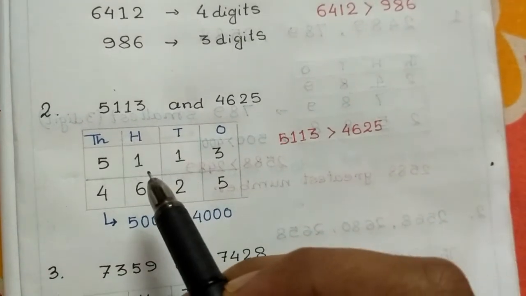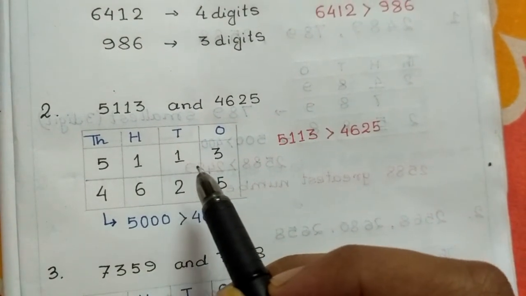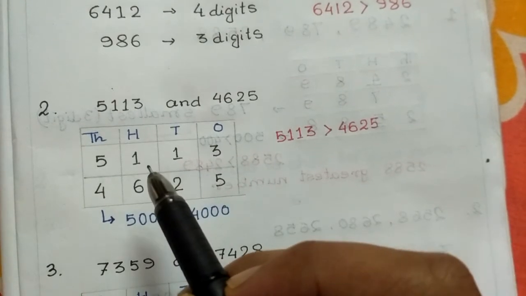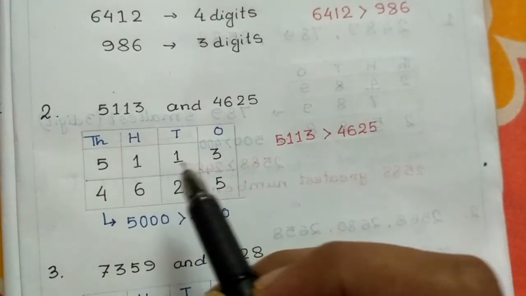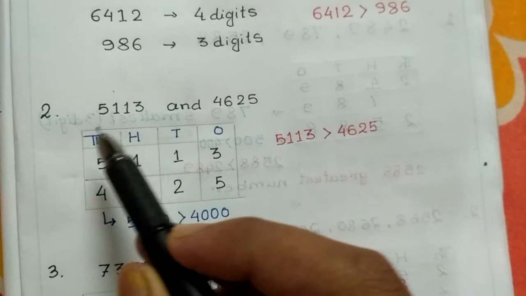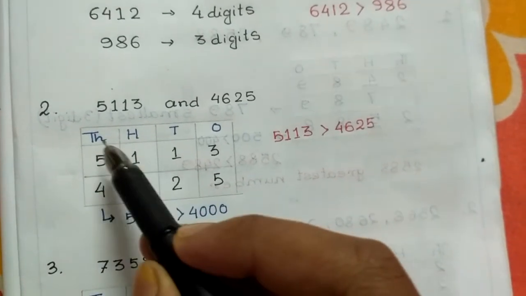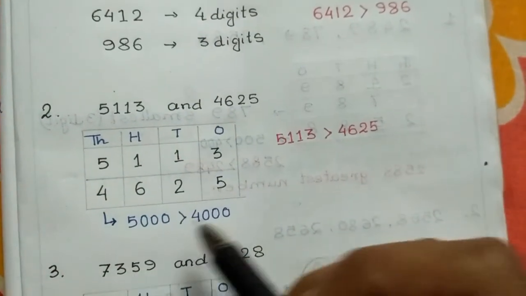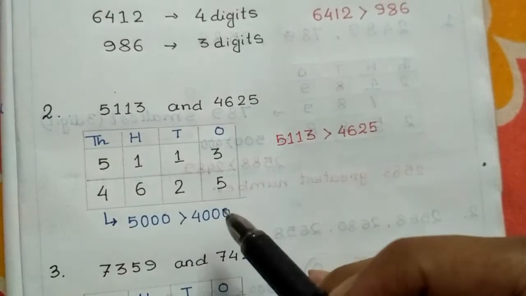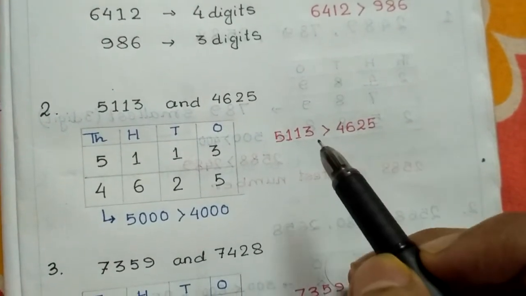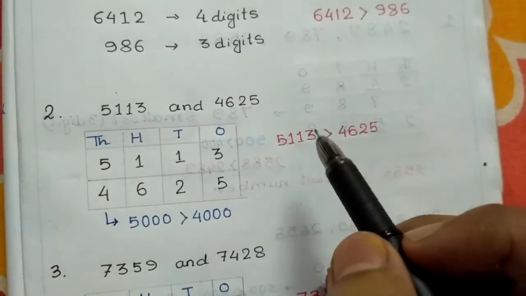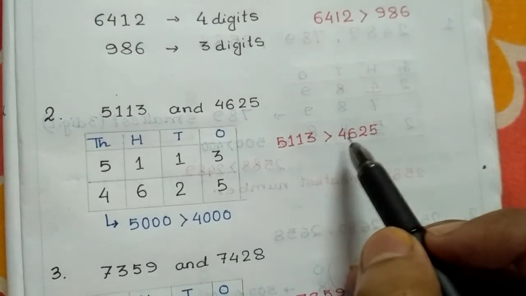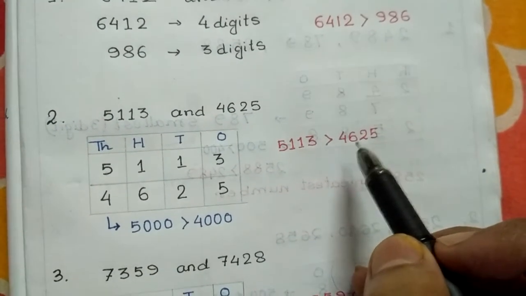So we don't need to check the last three numbers, that means in the segment of hundreds, tens and ones, because at the first segment, in the segment of thousands, we can easily find out that 5000 is greater than 4000. So easily we can write that 5113 is greater than 4625.